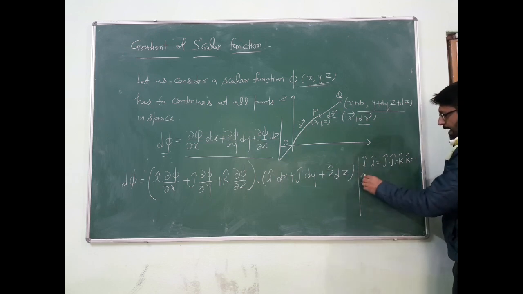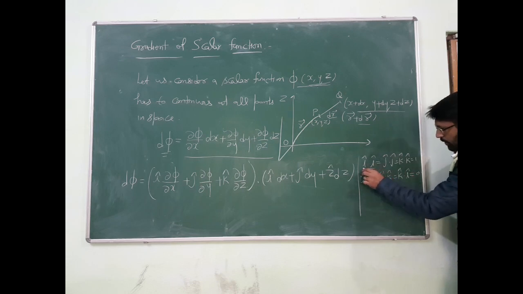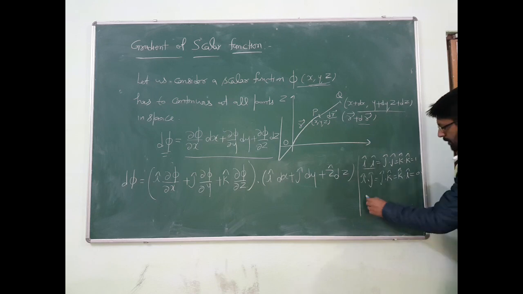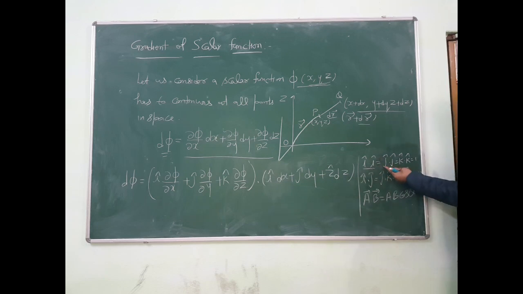We write the dot product as a dot b equals ab cos theta. If both vectors are the same, theta is 0, cos 0 is 1, and i, j and k are unit vectors having magnitude 1. So i dot i, j dot j, k dot k become 1.